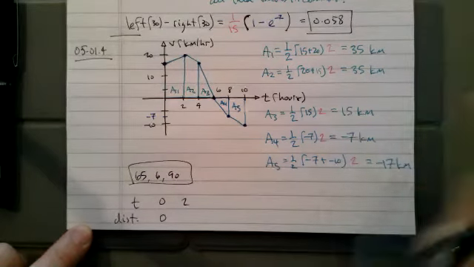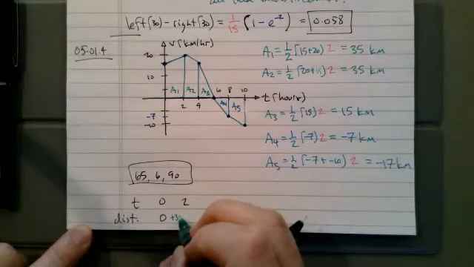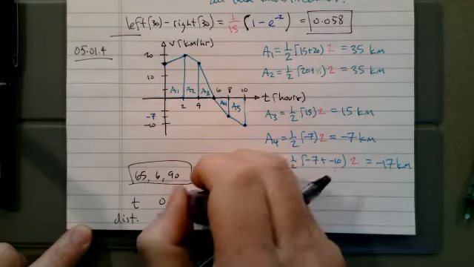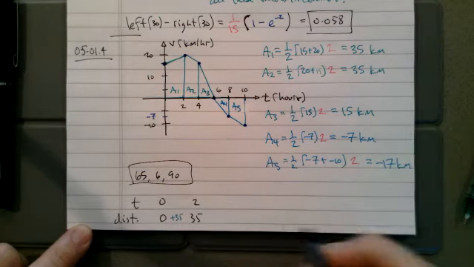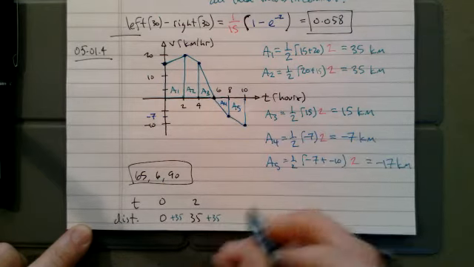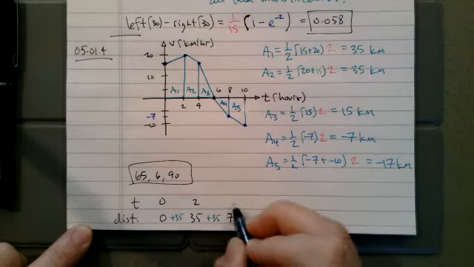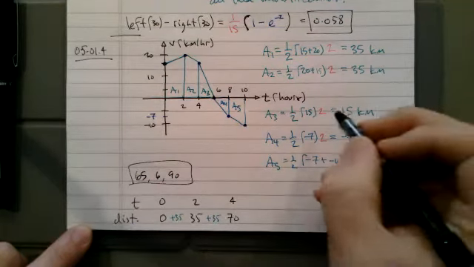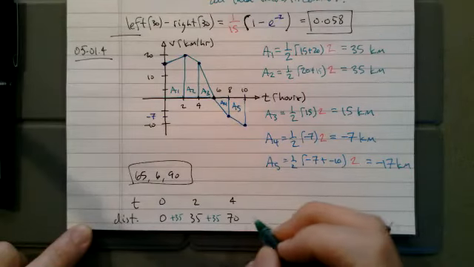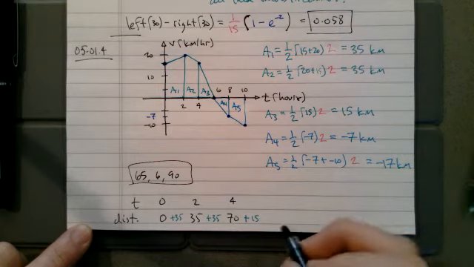So at 2 hours, you've increased by 35, and you're now at 35. And then from 2 to 4, you've increased by 35, and now you're at 70. And then from 4 to 6, you've increased by 15, and you're at 85.